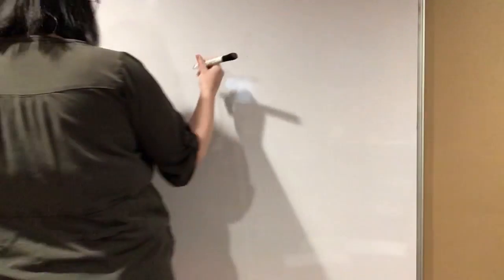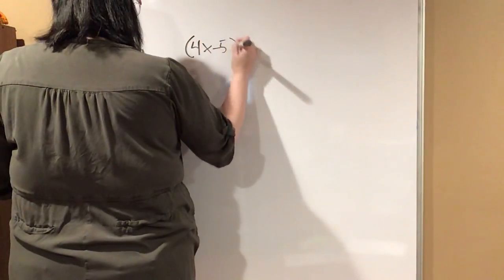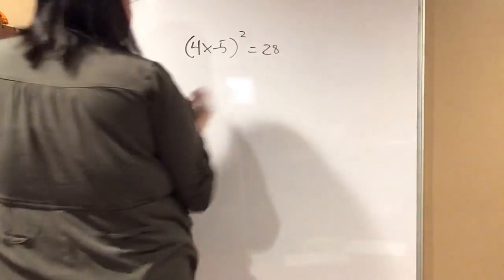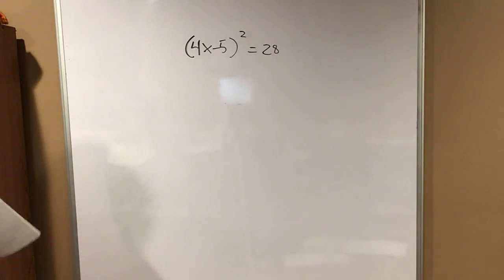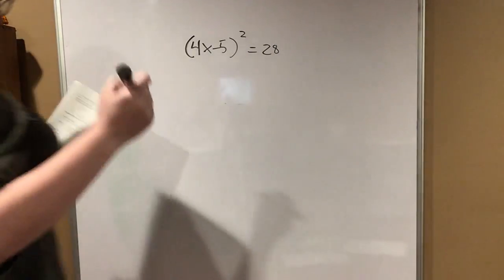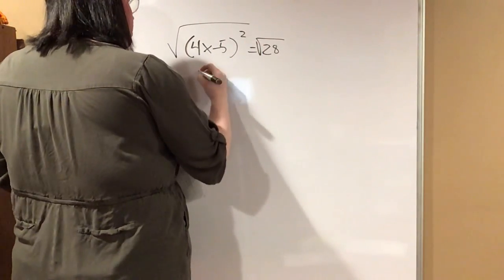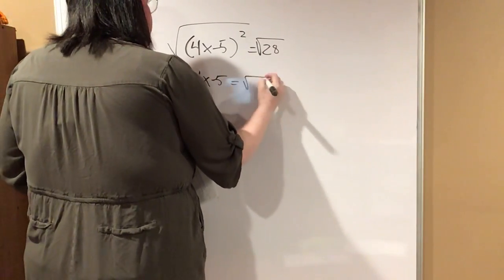So what if we're given something like this? 4x minus 5 squared equals 28. This side is squared. How do we get rid of a square? Take the square root, like this. So now I'm left with 4x minus 5 equals the square root of 28.